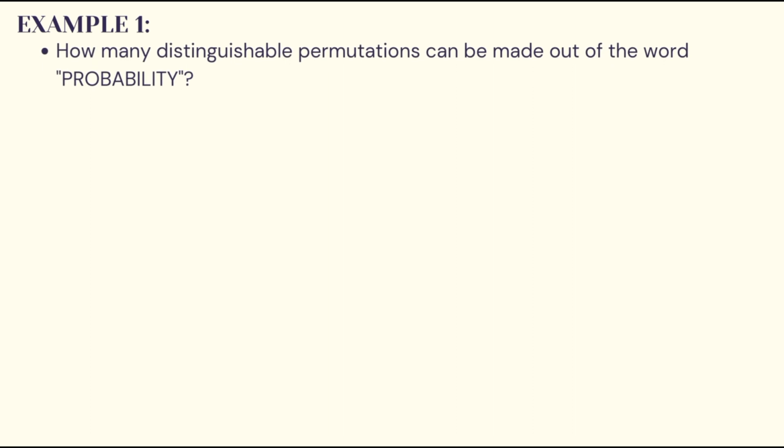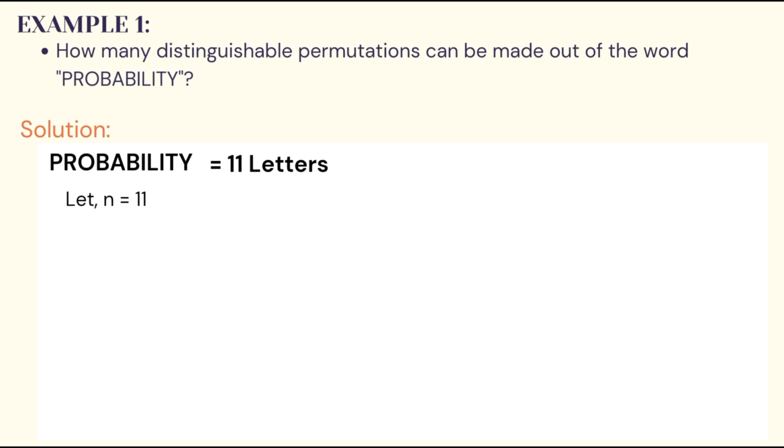Example number 1. How many distinguishable permutations can be made out of the word probability? In this problem, the object is the word probability. In the word probability, there are 11 letters. Hence, n will be equal to 11.